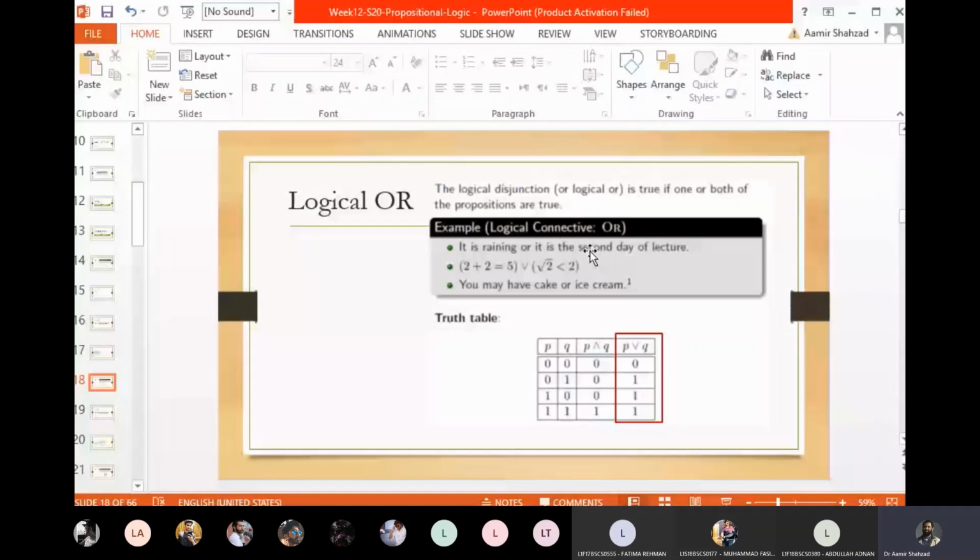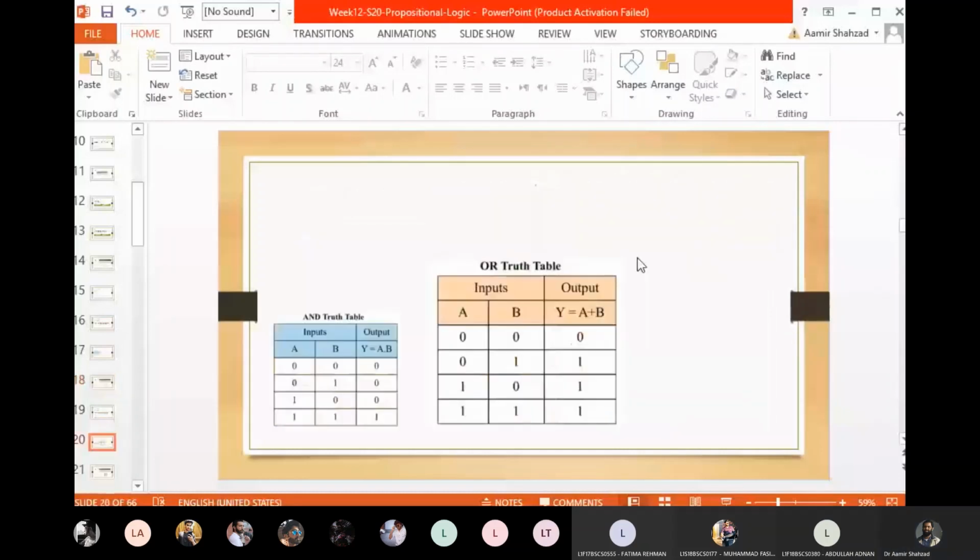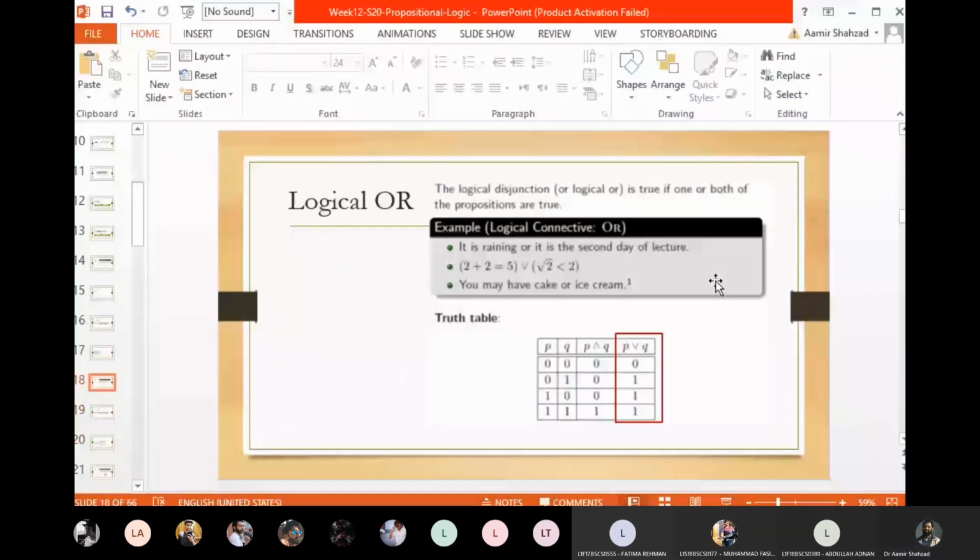So this is a statement. It is raining or it is the second day of lecture. So we have to see whether it is raining or not. अगर तो raining हो रही है, even we do not have to go to the second statement. Then the whole statement becomes true, whether it is second day of lecture or not.